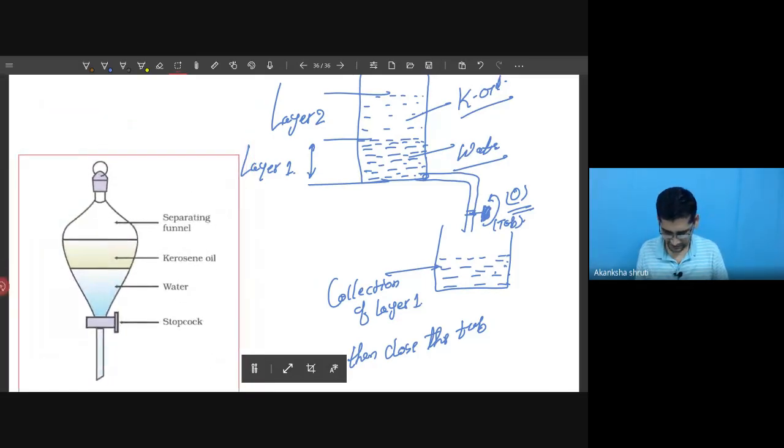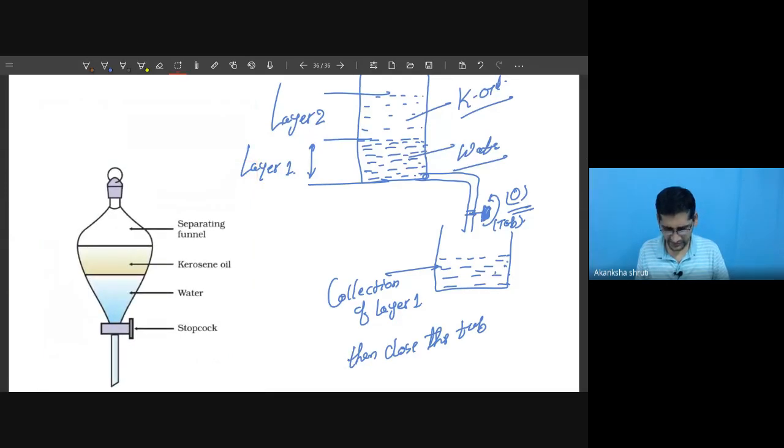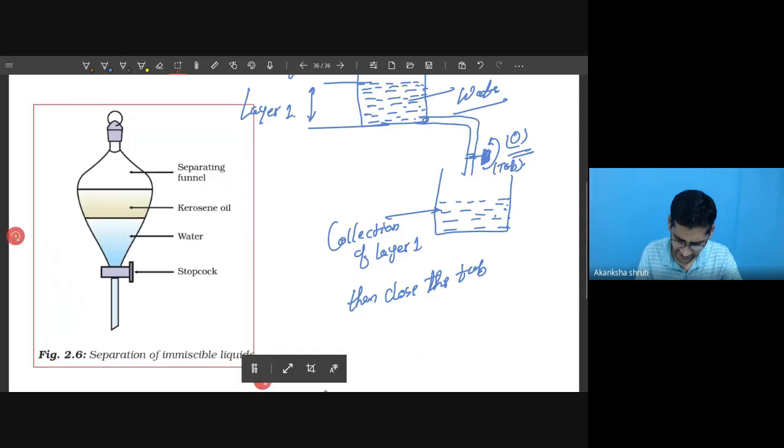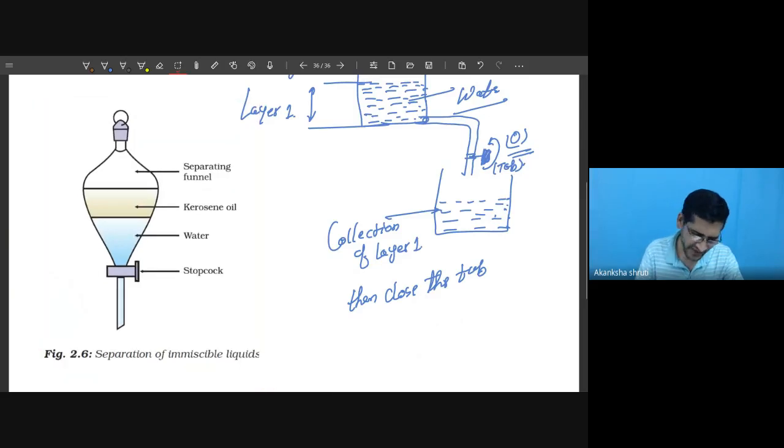The same thing. So this is the water at the bottom, then there is kerosene oil, and this setup is called a separating funnel. This entire arrangement is your separating funnel.